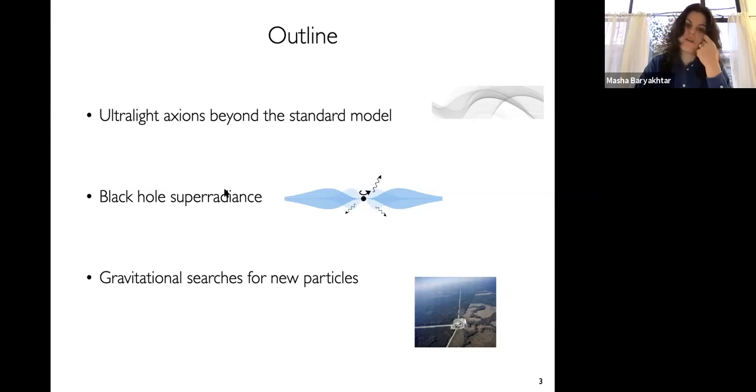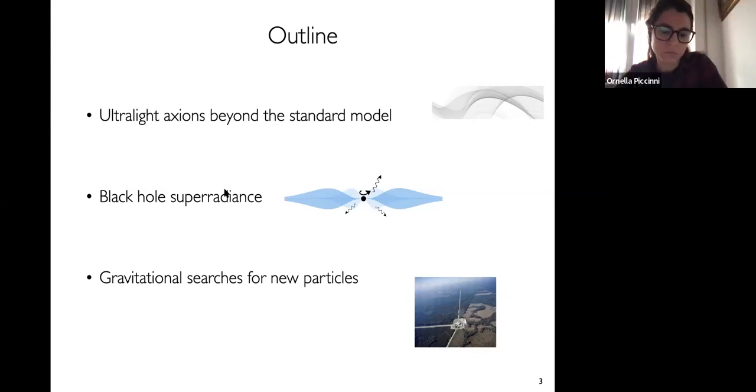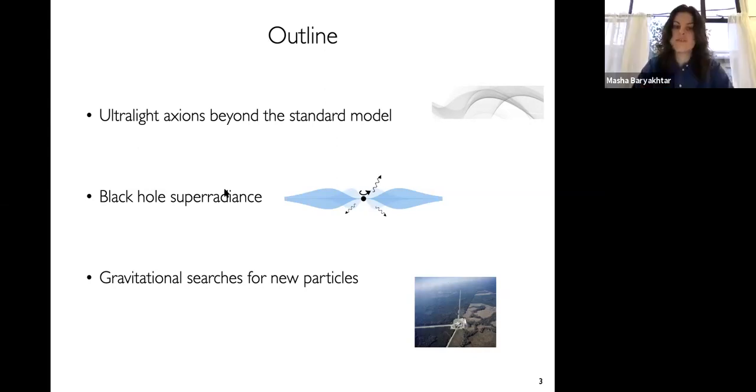Yeah, okay. So first I'll say a few brief words about motivation for these ultralight axions, and then I'll tell you about the process that makes these interesting signatures possible, which is black hole superradiance, that extracts energy and angular momentum from rotating black holes and puts it into these clouds of ultralight particles bound to the black hole.